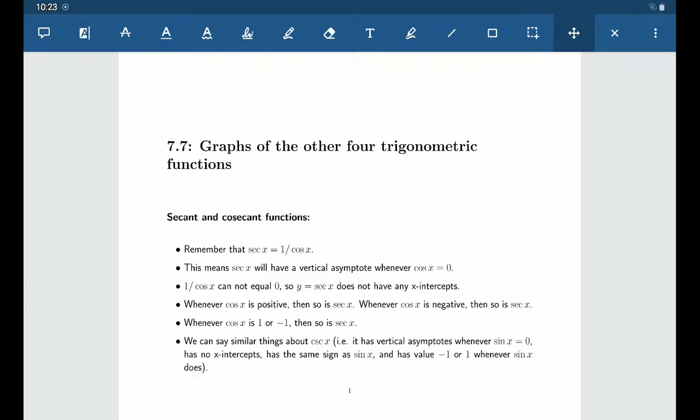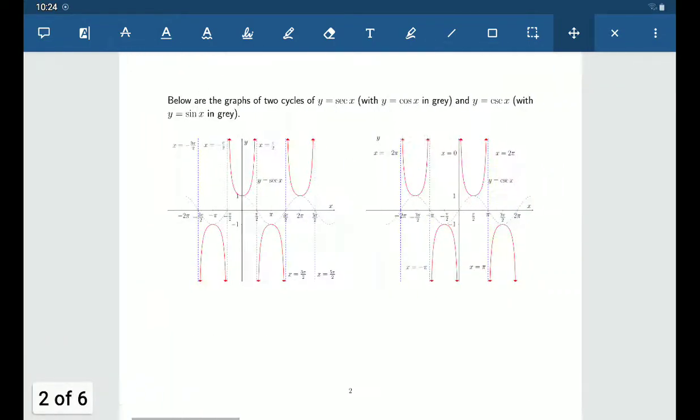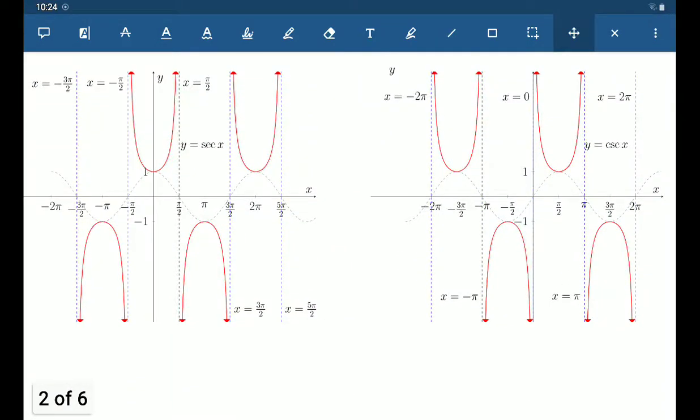Since cosecant is 1 over sine, cosecant could never cross the x-axis, since that numerator would never be 0. And since cosecant is 1 over sine, wherever sine of x crosses the x-axis, that's where cosecant of x will have vertical asymptotes. And we can see that with my two graphs that I have here.